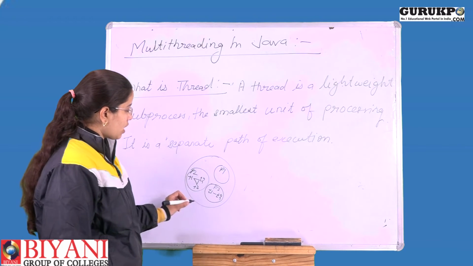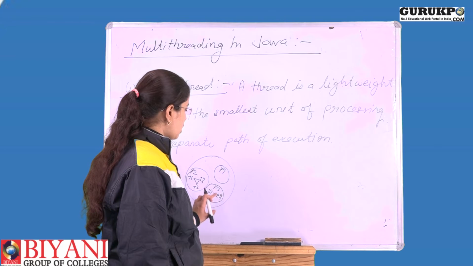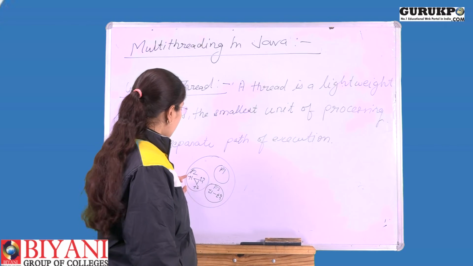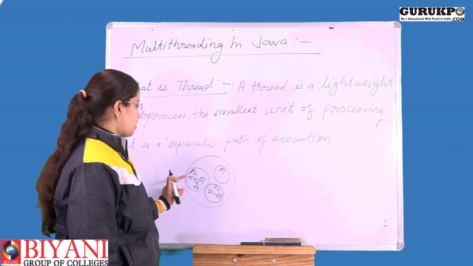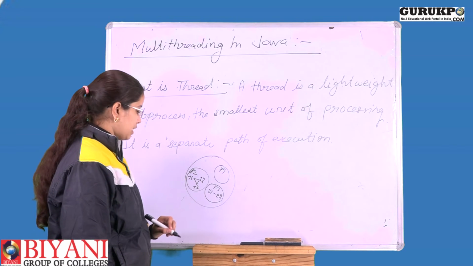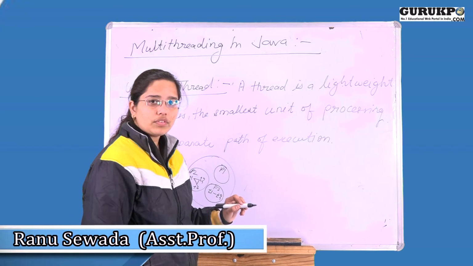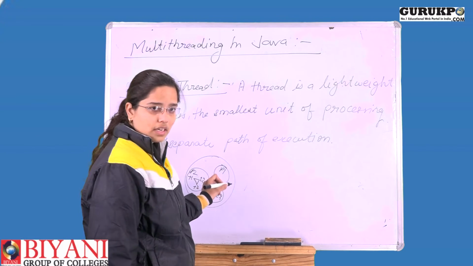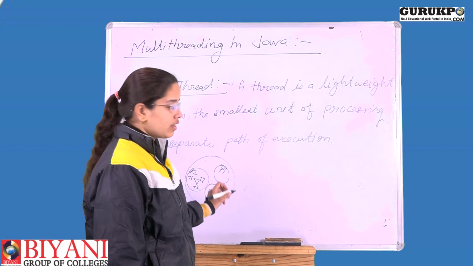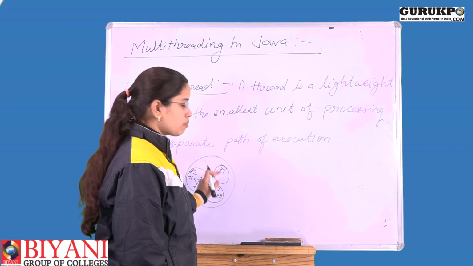So with these 2 threads P3 is being completed, and with these 3 threads T1, T2 and T3, the P2 process is being completed. And the P1 process doesn't have any additional thread. It means that it has a default thread, the main thread, which is the single thread of P1 that is being executed.